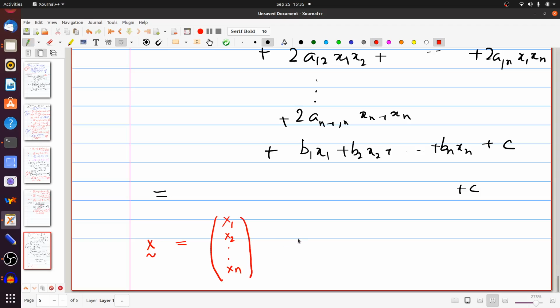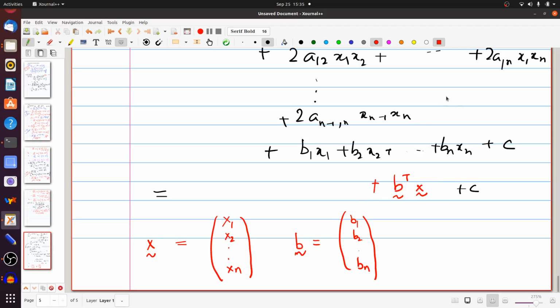And similarly, if I define b with a tilde below again as a column vector with b1, b2, bn as its elements, it's easy to see that this term can be written down as b tilde transpose x tilde.